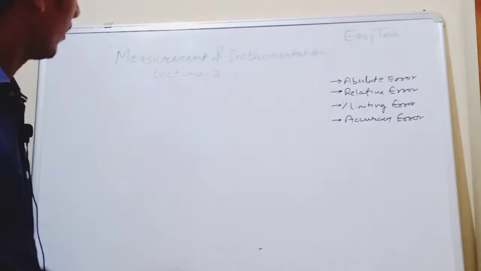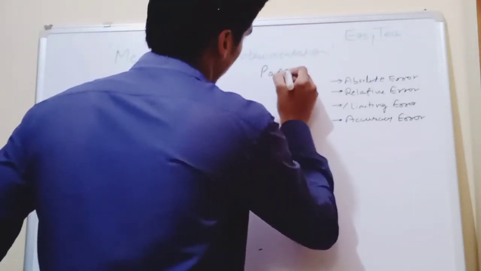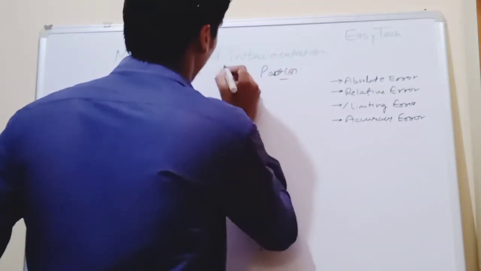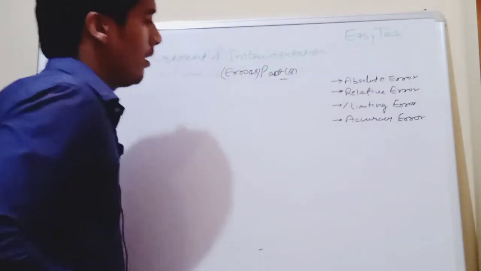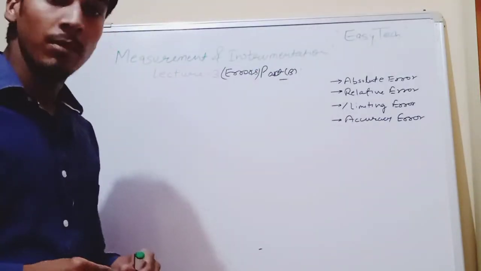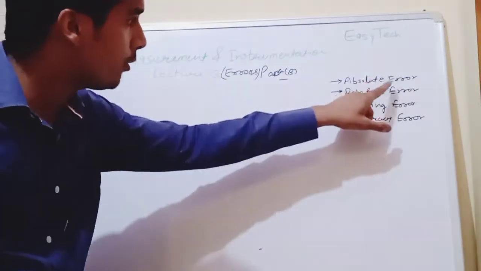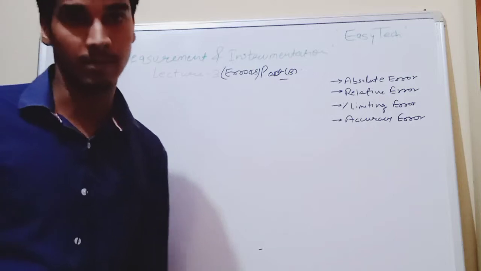Today we are going to start our lecture number three on measurement and instrumentation, and our topic will be part B. It is part B because in part A we studied four topics: absolute error, relative error, percentage limiting error, and accuracy error.